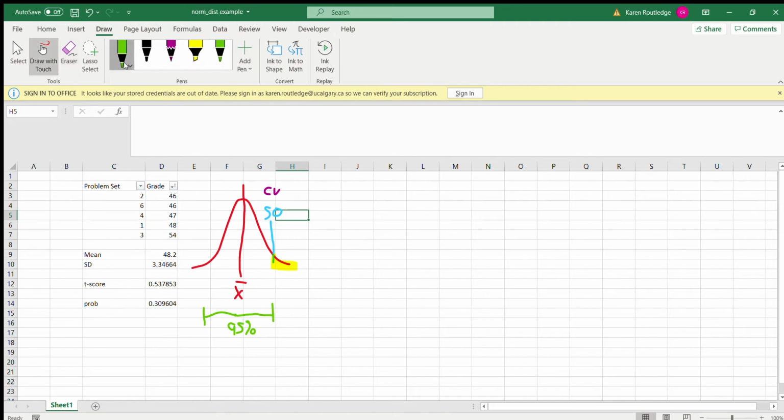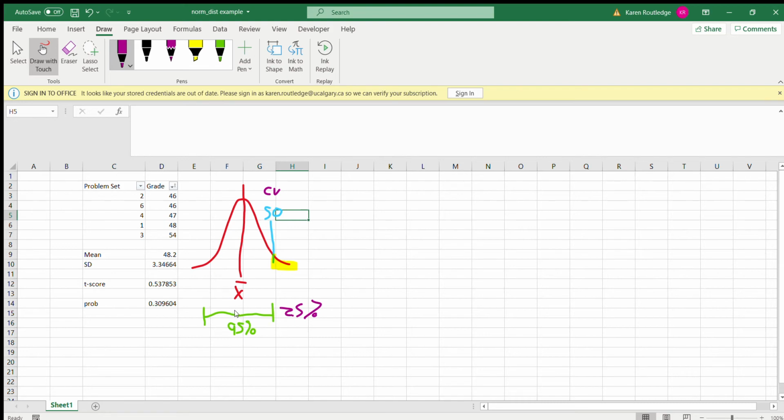That said, the ultimate procedure is going to be very similar. We're still going to start at the mean, and move over a certain distance above the mean. If we're looking at a 95% threshold here, we're looking at 95% of the data, so we're going to have 5% left, and there's going to be 2.5% on this side.